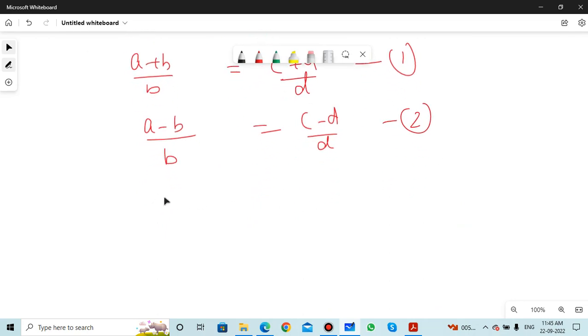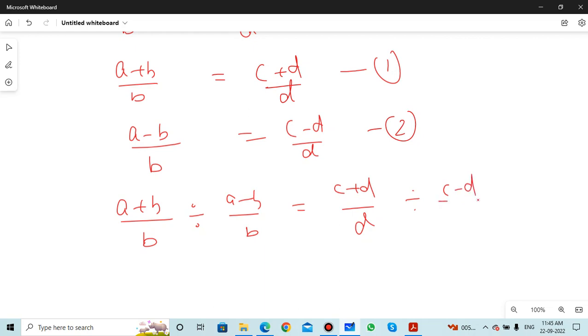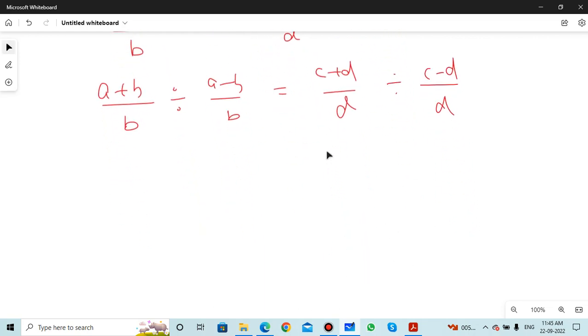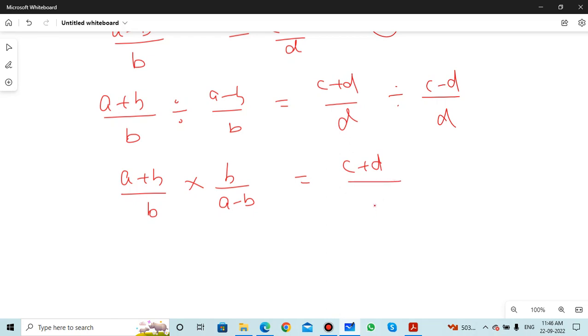So what will happen in that case? If you divide it, you will get A plus B upon B divided by A minus B by B is equal to C plus D by D divided by C minus D by D. Further if you write, it will become A plus B by B into B by A minus B is equal to C plus D by D into D by C minus D. We know D got cancelled here, B got cancelled.